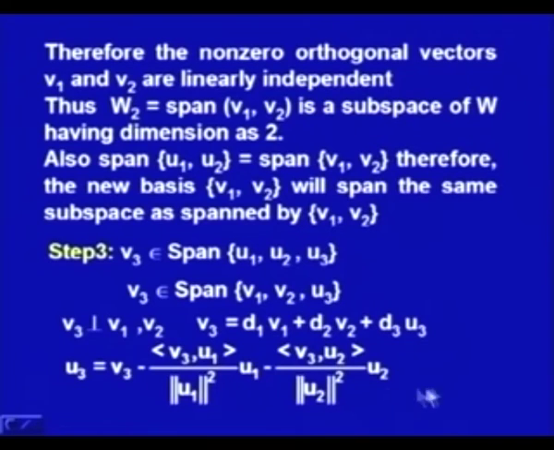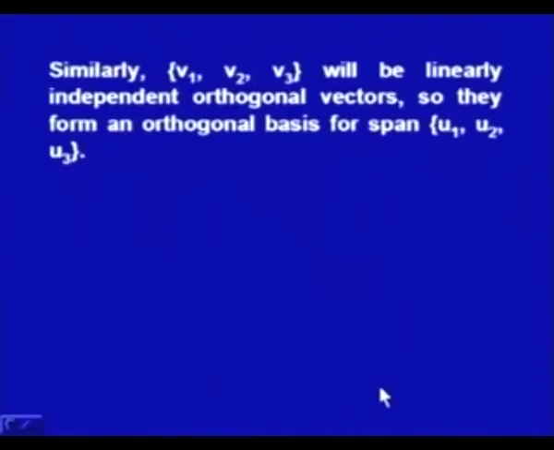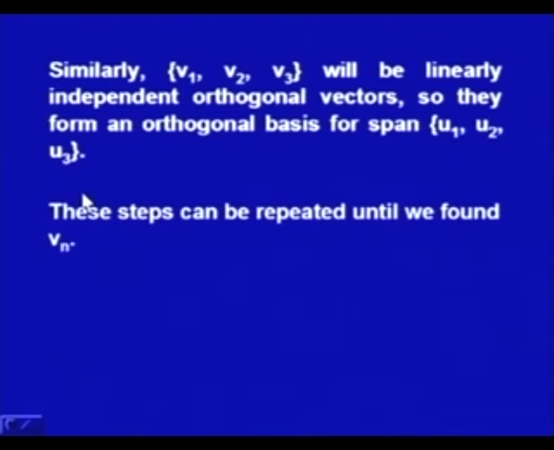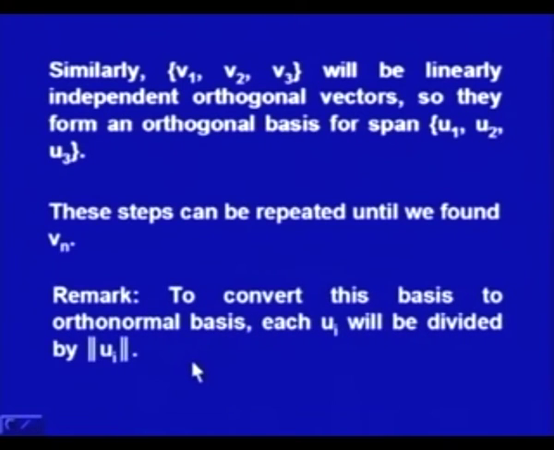So, one can obtain this equation with the help of the earlier equation. So, we got the third vector. Similarly, v1, v2, v3 will be linearly independent orthogonal vectors, so that they form an orthogonal basis for span of u1, u2, u3.